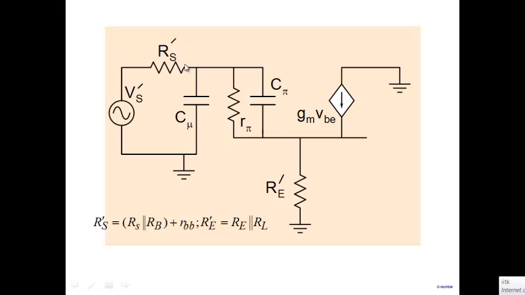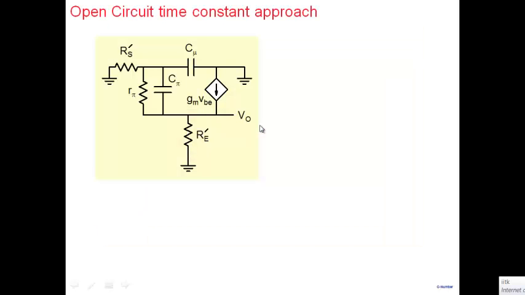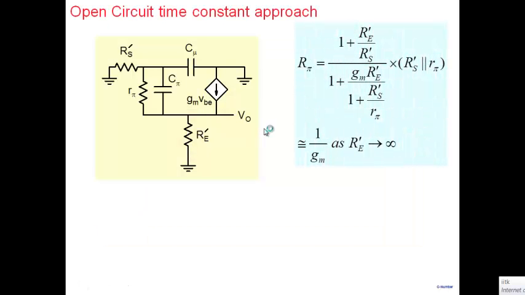So it's the same equivalent circuit with some resistors combined, capacitors rearranged, and this is the simplified circuit that we get here. As I said, we have to find the time constants due to C pi and C mu. So the open circuit time constant approach: we've already seen that the resistor seen by C pi is this expression here. It's a general expression.